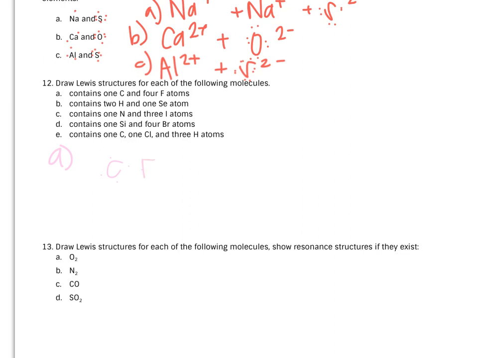And then fluorine, we have 4 of them, so we can assume they'll be around the carbon. And fluorine, we know, has 7 valence electrons. So 1, 2, 3, 4, 5, 6, 7. So that these 2 right here are going to form a bond. Just one. Just a single bond. And the rest of the electrons, the 6 of them, will be around the fluorine.